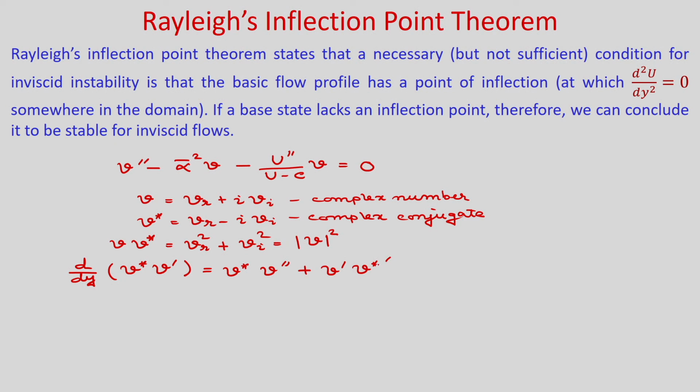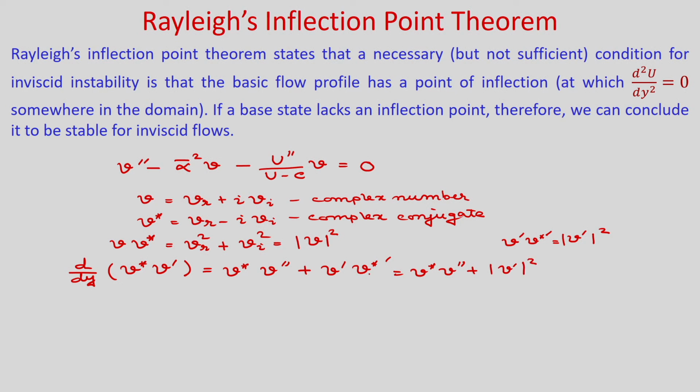Now you can see from this complex conjugate that v prime v star prime is just the derivative, so it will be mod v prime squared. So we can write v star v double prime plus mod v prime squared.